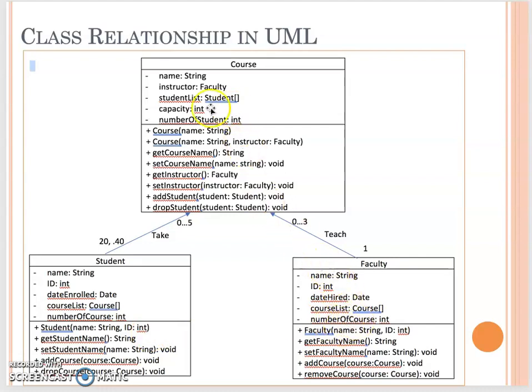This one includes the data attributes and the instance methods for each class. So according to the UML diagram, you can think about how you will implement the student and the faculty class.